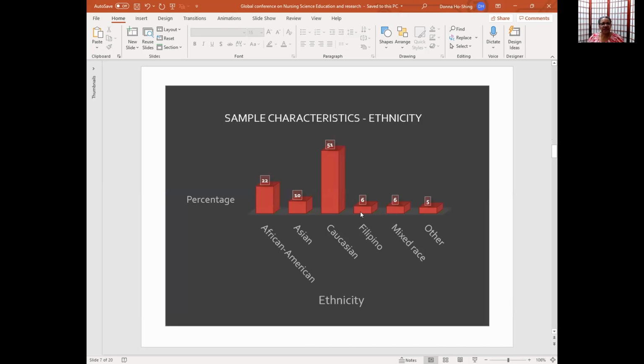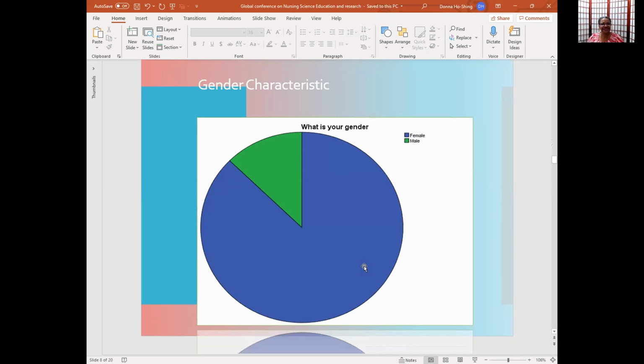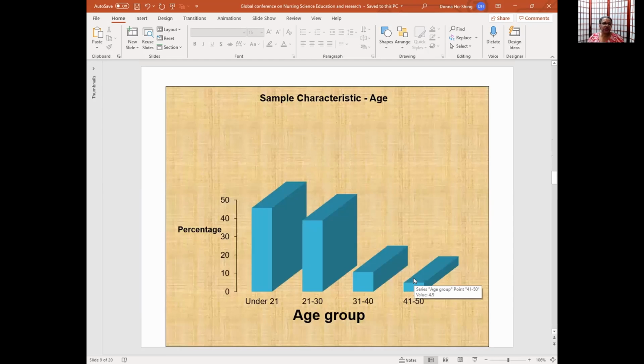In terms of the sample characteristics, for ethnicity, you can see here we had a multiplicity, Caucasian being most, half of the population. And most, of course, were female. And then we had the sample characteristics in terms of age.